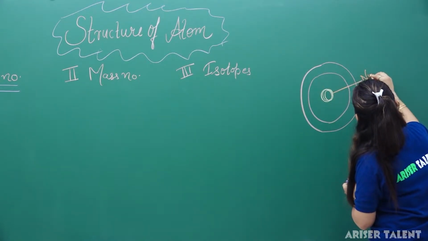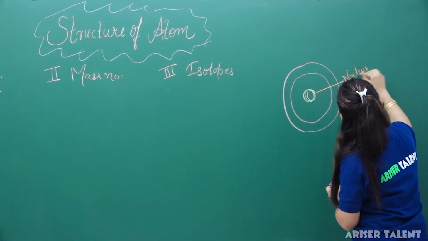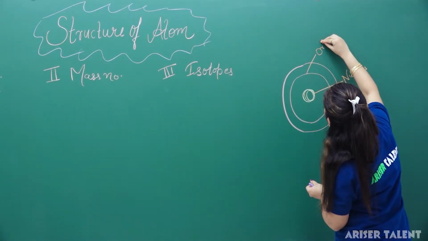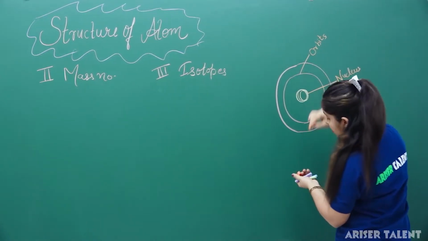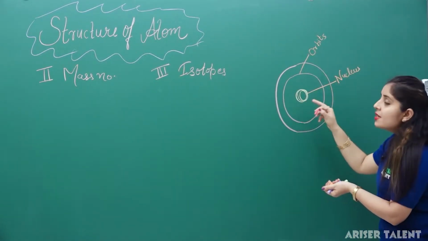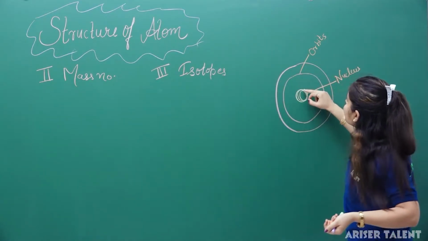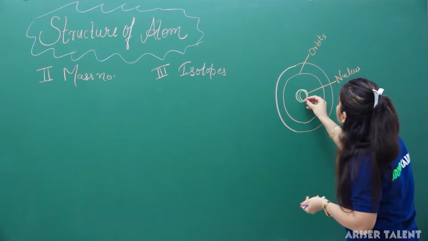This is called the nucleus. These are the shells, and these shells are called orbits. The nucleus will constitute neutrons and protons. It means the center part will be the sum of neutrons and protons.